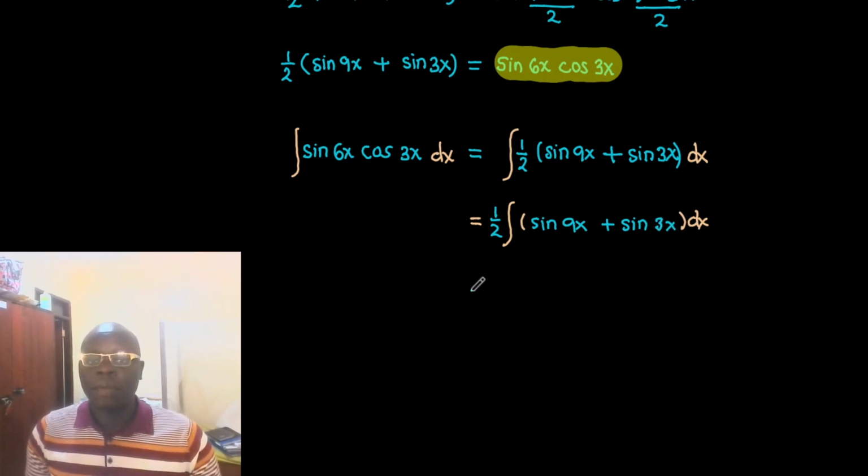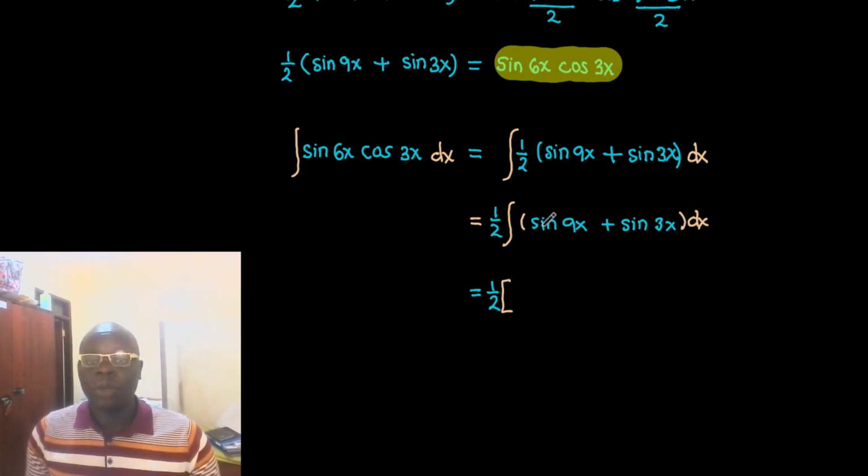So here we'll have our 1/2, and we can create a bracket here because this number will multiply the integral of these numbers here.